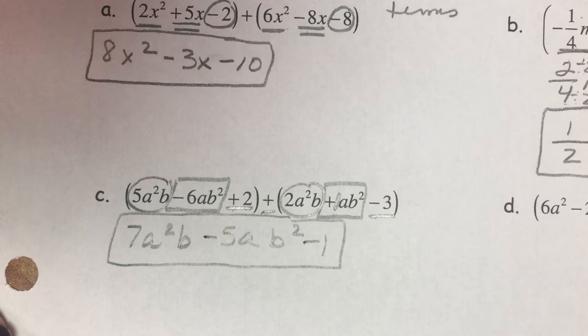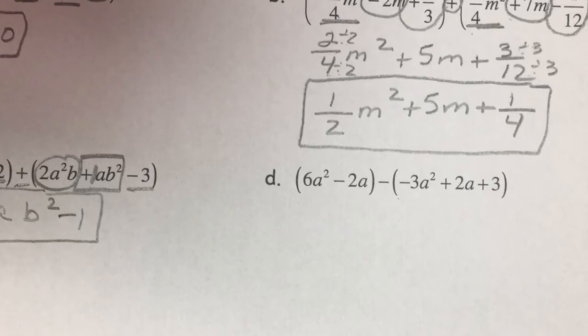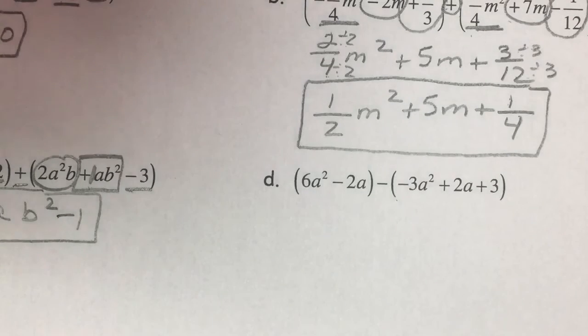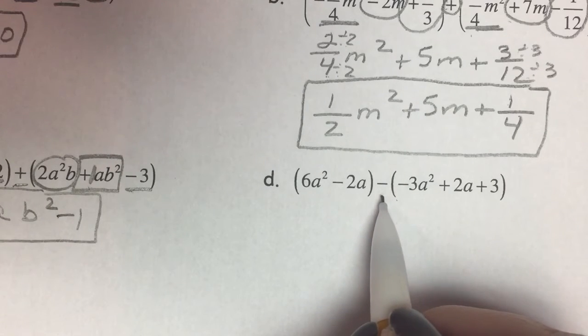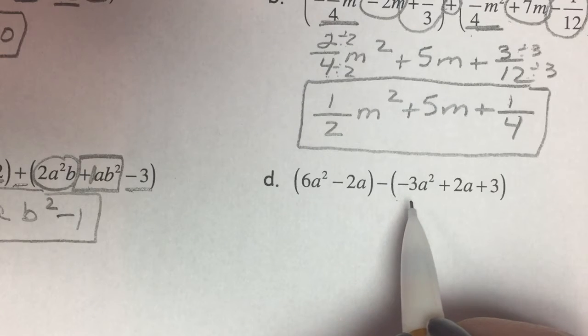So that's addition. Now we have to go on to subtraction. Well, hopefully you remember that when we learned how to subtract numbers, we had the rule that when you subtract, you change the subtraction sign to addition, and then you change the sign of the second number.